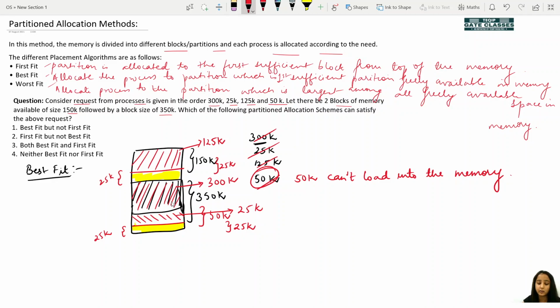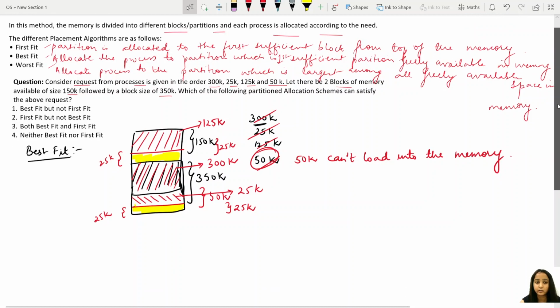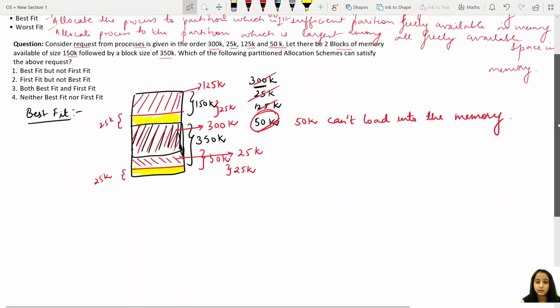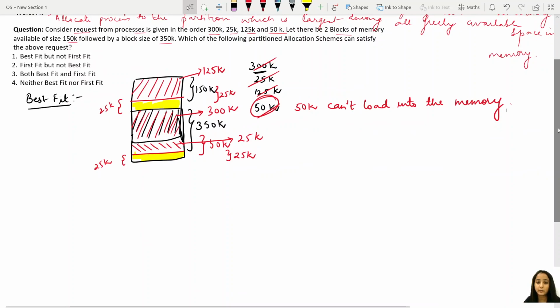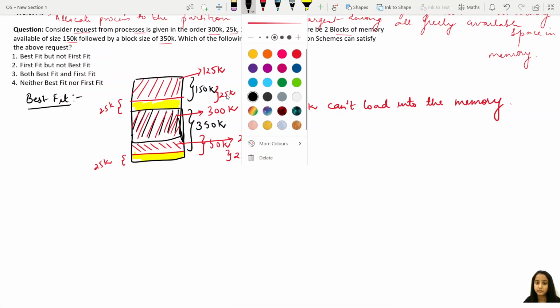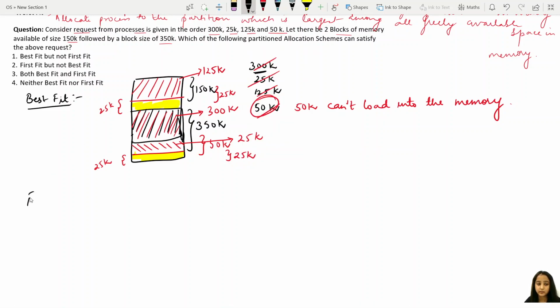Let us see the scenario of first fit. Let us see what happens in the first fit.